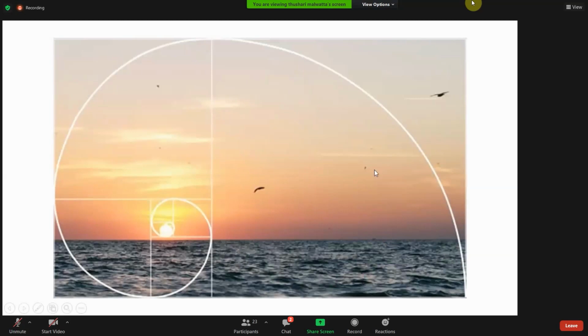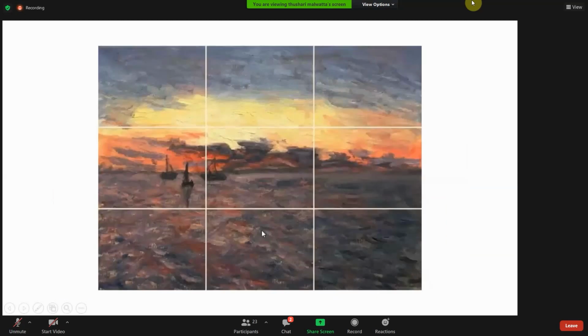And even when we are taking a picture, if we compose it in this spiral, it's more pleasing. So this is the rule of thirds. When we divide in these two sections, these four intersection points, we call them golden points.